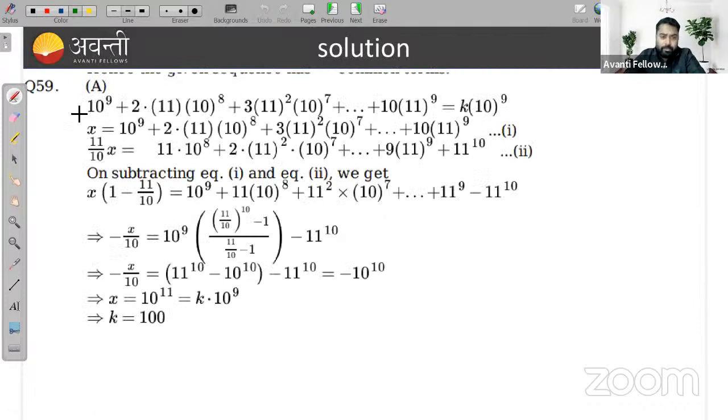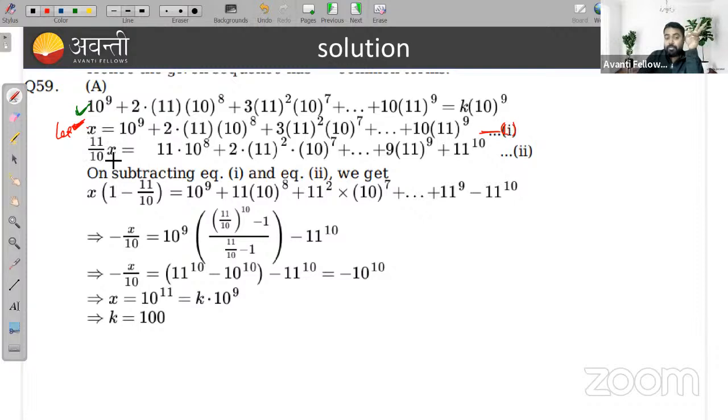If I take the left hand side as x, you can see here, let x be equal to the left hand side, and if we multiply 11 by 10 on both sides of this first equation, what will happen?